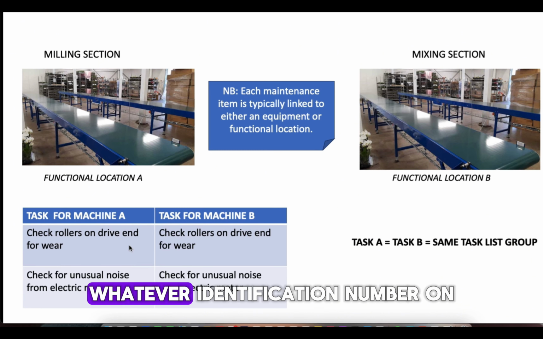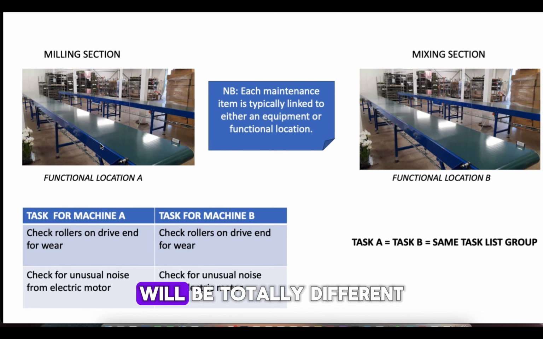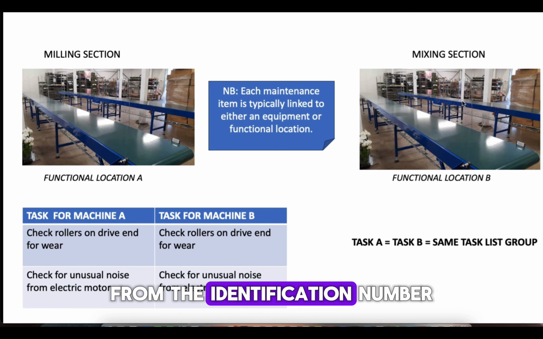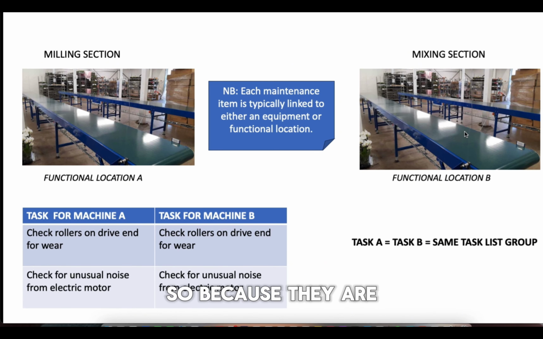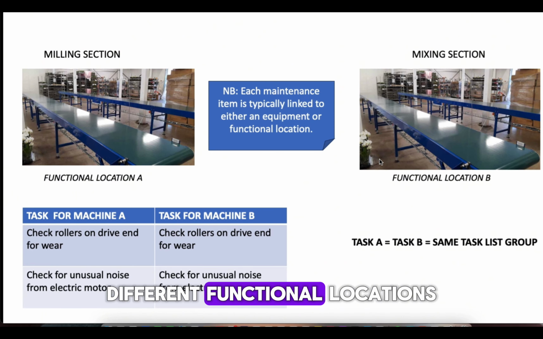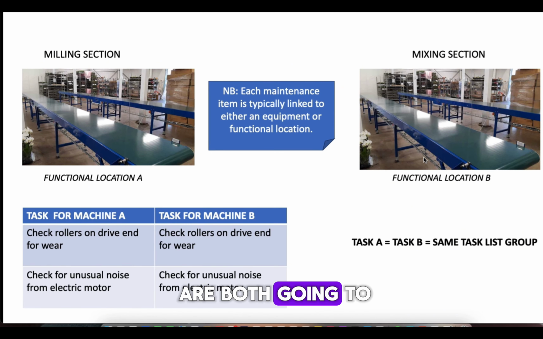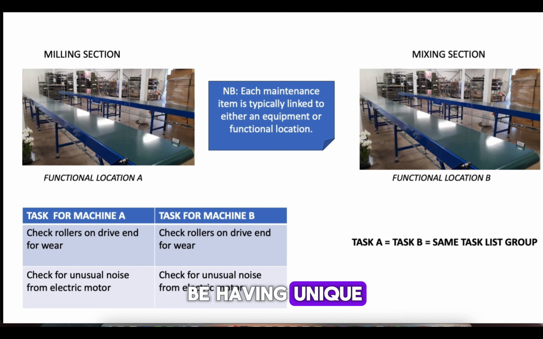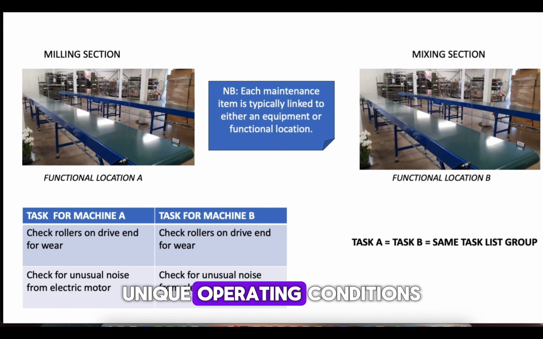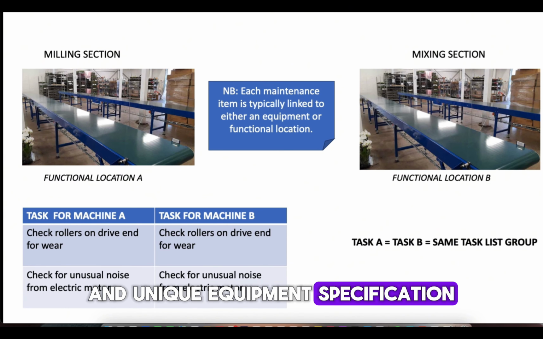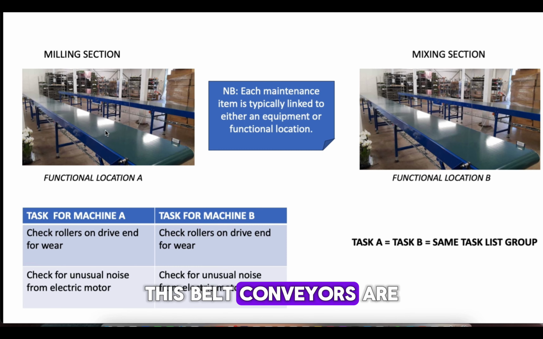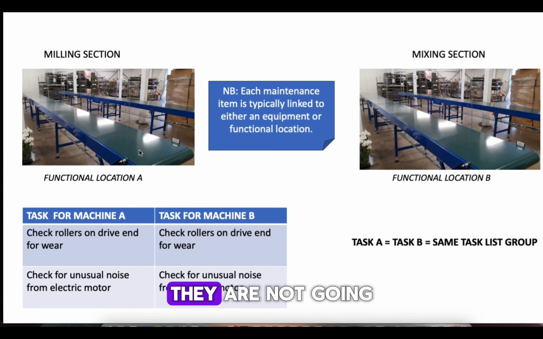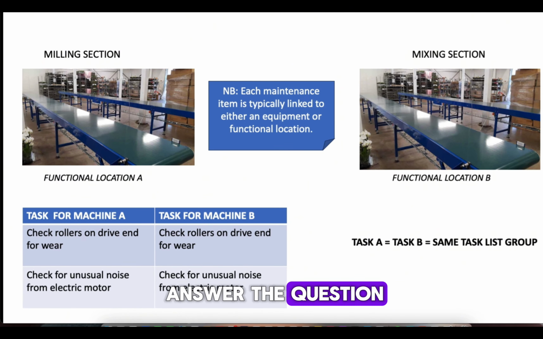So whatever identification number is on this template will be totally different from the identification number on this template. Because they are located in two different functional locations, they are both going to be having unique operating conditions and unique equipment specifications. So as much as these belt conveyors are from the same manufacturer, they are not going to be having the same equipment specification.